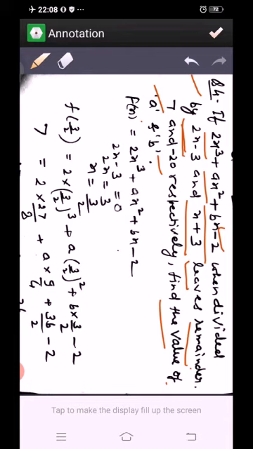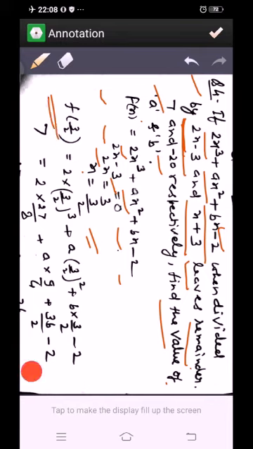So f(x) is given as 2x cube plus ax square plus bx minus 2. First divisor is 2x minus 3. 2x minus 3 equal to 0, so 2x equal to 3, x equal to 3 by 2. It means we have to find f(3 by 2).